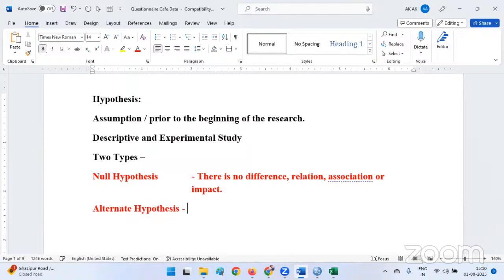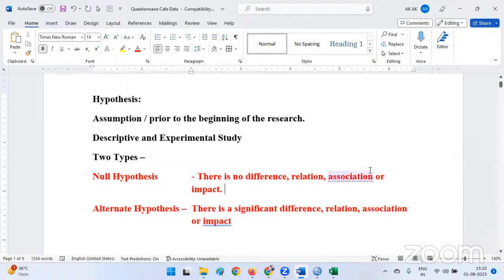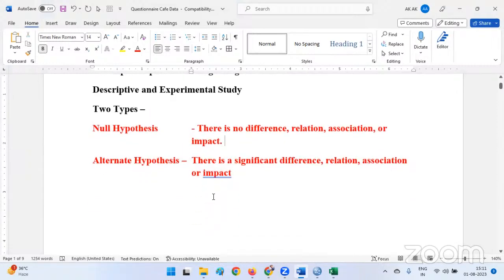When we say there is a significant difference, relation, association, or impact, this is called alternate hypothesis. So null hypothesis and alternate hypothesis are actually depicted in this way. Let's take a few examples.